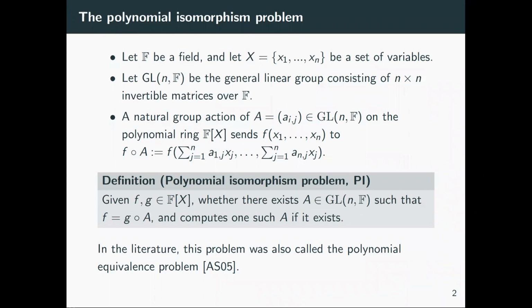In the literature, this problem is also called the polynomial equivalence problem.